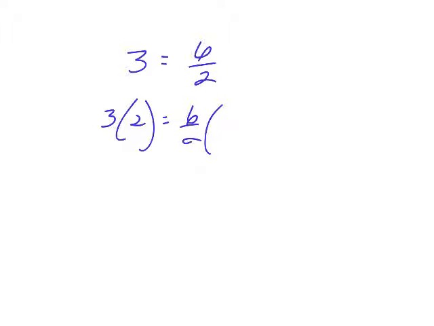If you look at the top of page 393, it gives you the multiplication property of equality. And pretty much, I mean, you guys use this all the time. For the most part, all it's saying is if 3 equals 6/2, then 3 times 2 is going to equal 6/2 times 2.